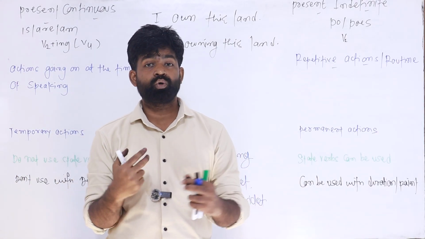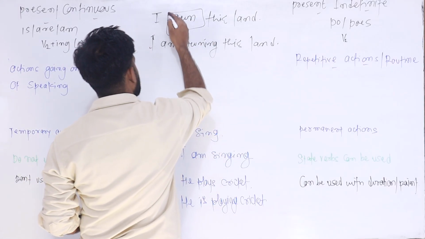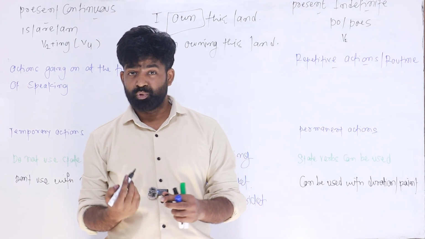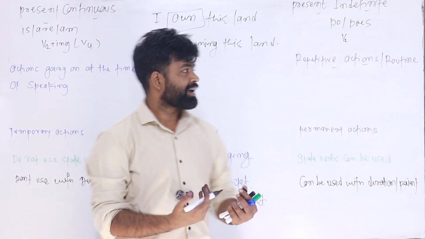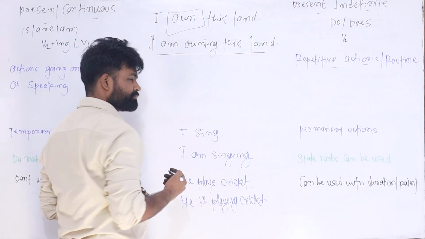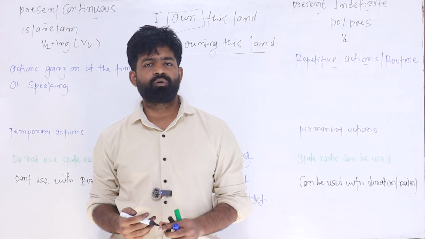I'll say I own this land because whenever we use state verbs in our sentences, we always use them in base form. So I'll say I own this land and not I'm owning this land. So do not ever use state verbs in ing form.